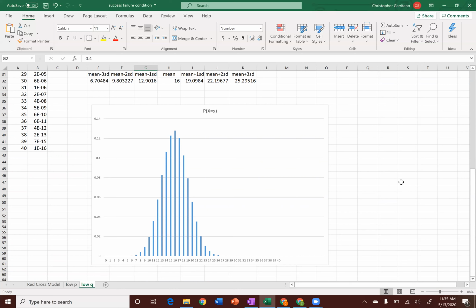Let me rephrase this. The distribution is located in such a way that if we were to fit a normal model to this data, there's very, very little area underneath the left and right tails that exists in the negative area of the number line, and also in the area of the number line that's above 40.